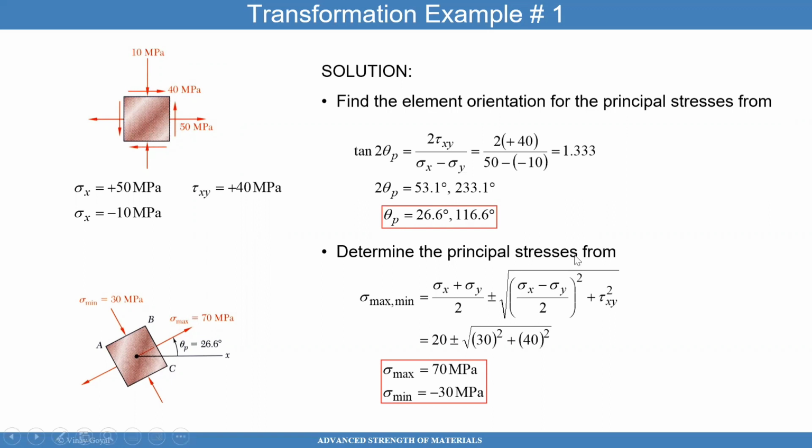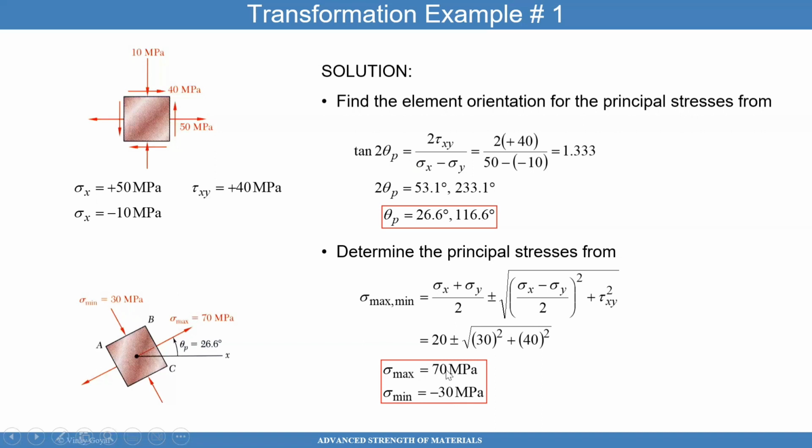To determine principal stresses, I plug in sigma x and sigma y, which is what? Sigma x is 50, sigma y is minus 10. That gives me 40 divided by 2 is 20. This is going to be 60 divided by 2 is 30. Tau xy is 40. The square root of all this is 50 really. 20 plus or minus 50 is going to give me either 70 or minus 30.